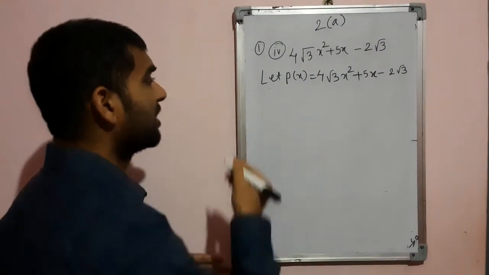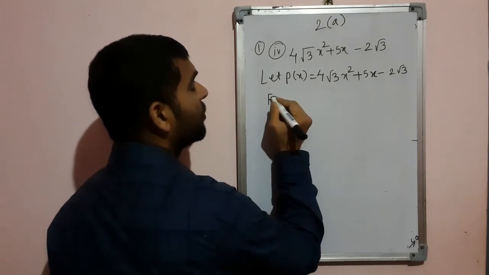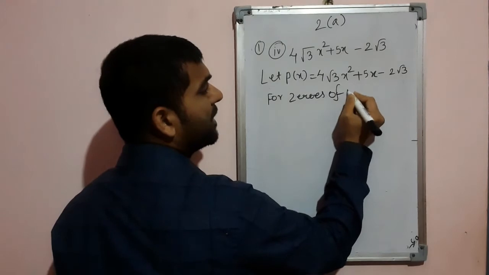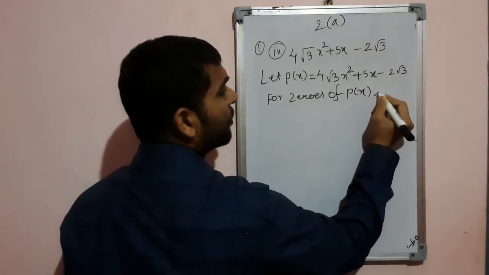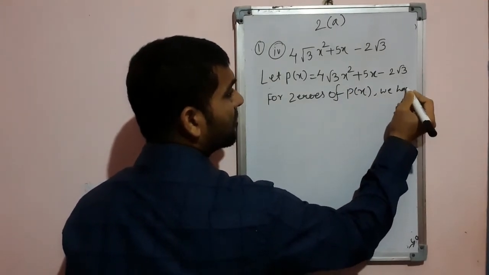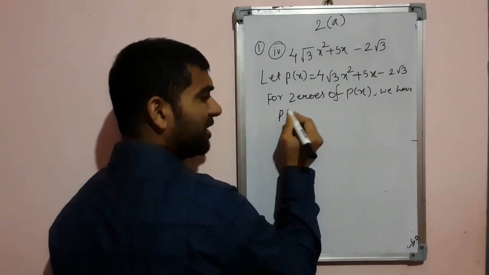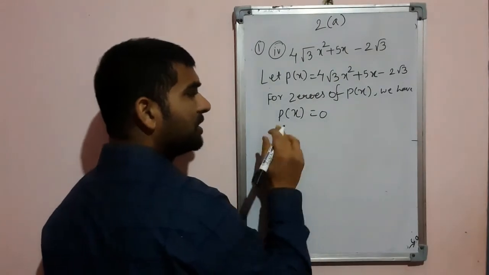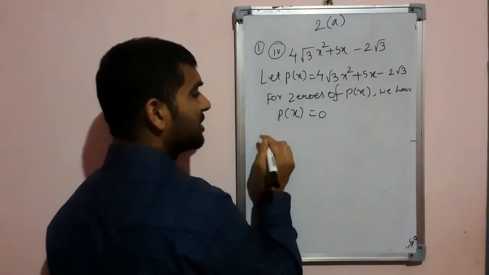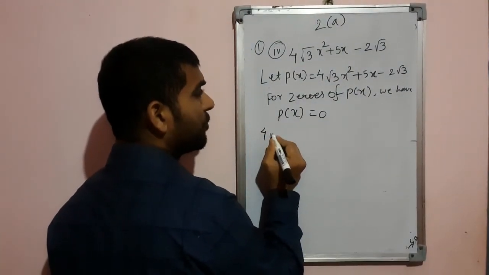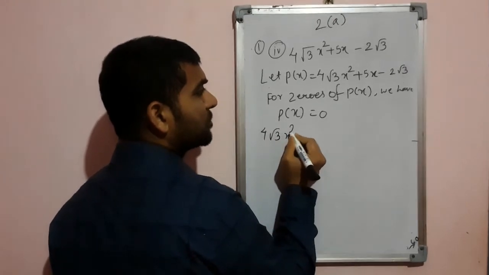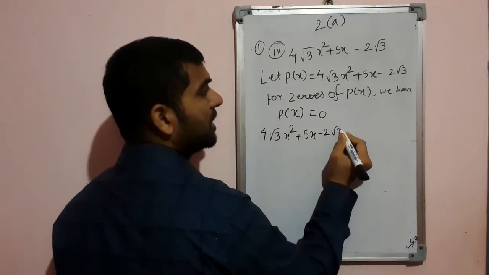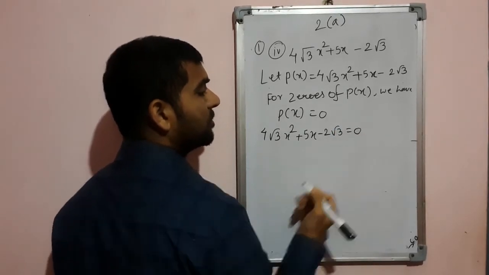So you will write: for zeros of p(x), we have p(x) equal to 0. So we can write this value equal to 0 because p(x) value is this polynomial. So 4 root 3 x square plus 5x minus 2 root 3 equal to 0.